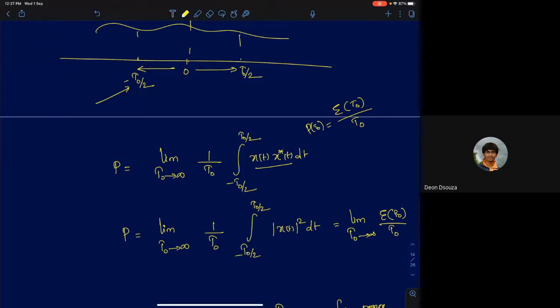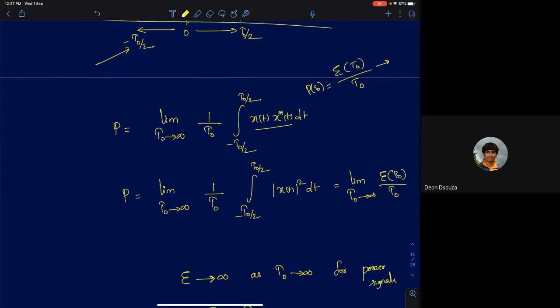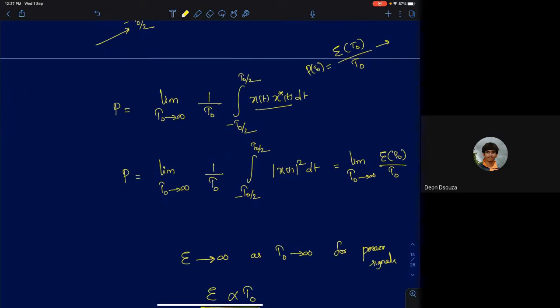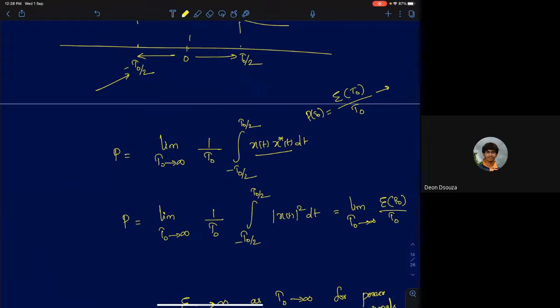In the limit T naught tends to infinity, this number will approach the power of a signal. So compute the energy integral, divide it by T naught, and then let T naught tend to infinity. If the number turns out to be finite, then you can say that's a power signal.